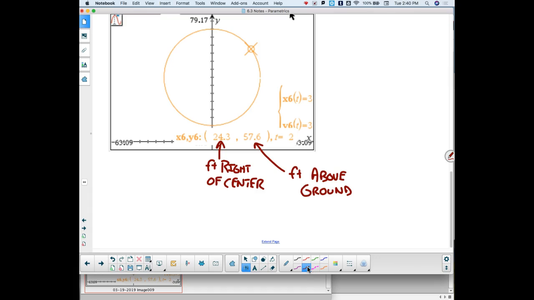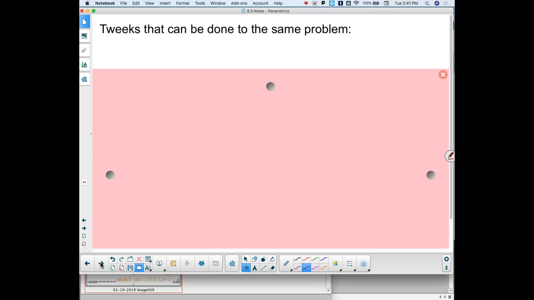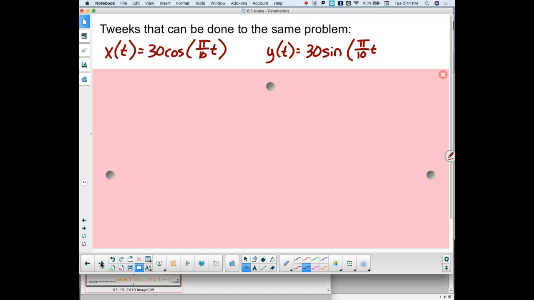Okay? Now, let's talk some tweaks that we can make on that very same problem. Okay? So my functions were, or my function was, x of t equals 30 cosine of pi over 10 times t, and y of t equals 30 sine of pi over 10 times t plus 40.